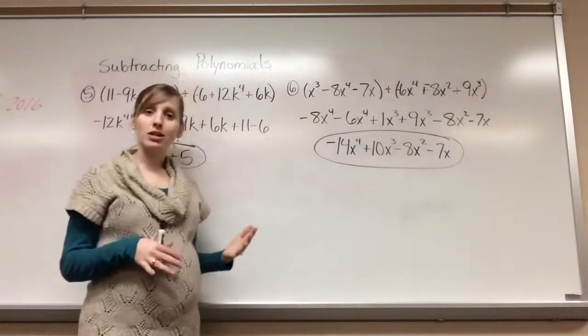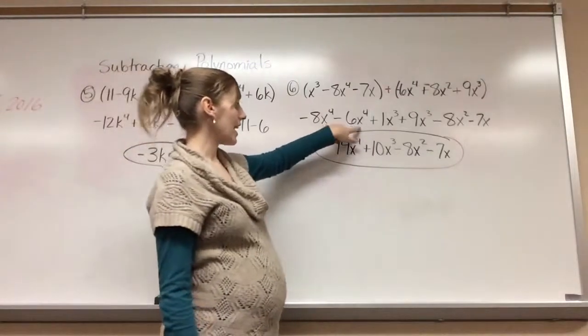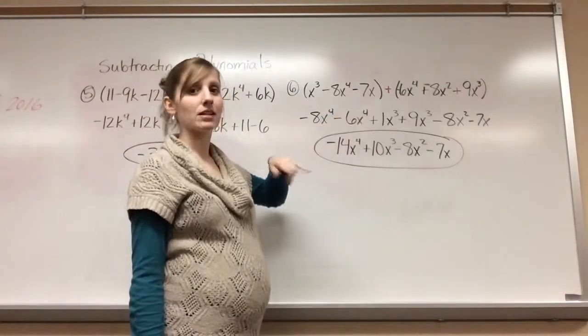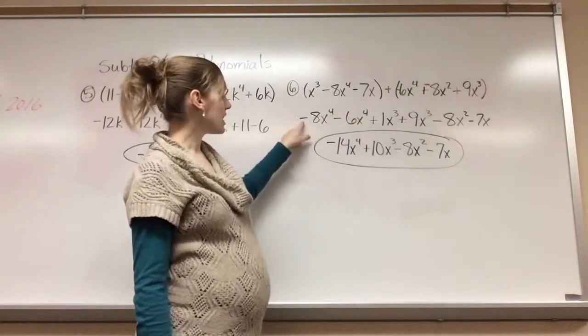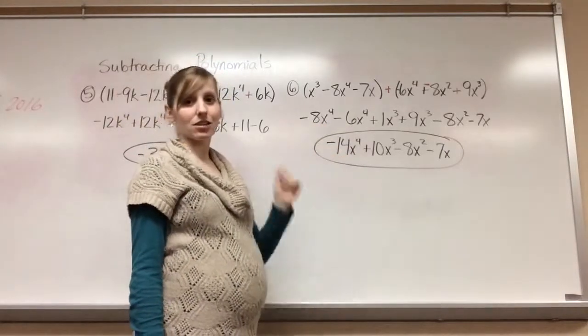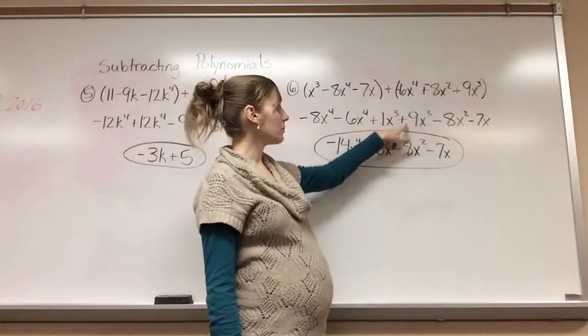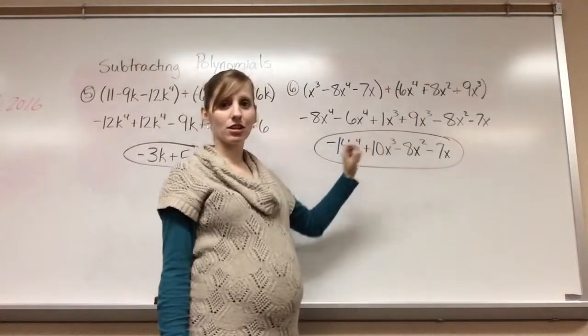Once they're in order from largest exponent to smallest, I combine like terms. So these have the exact same letter, same exponent, so I combine those together first. Negative 8 and minus 6, I got negative 14x to the 4th. From there, I combined my x to the thirds. 1 plus 9 gave me 10x to the 3rd.